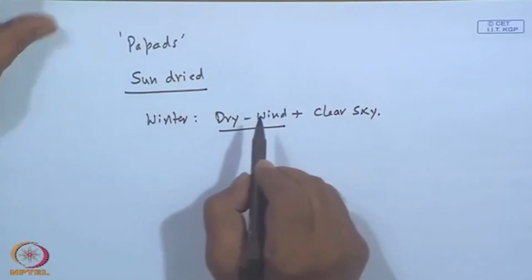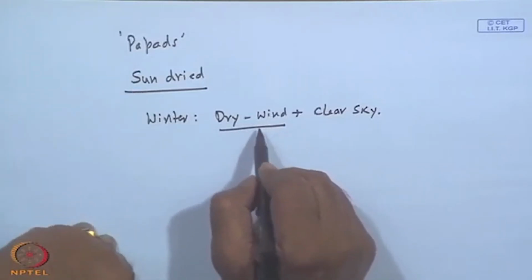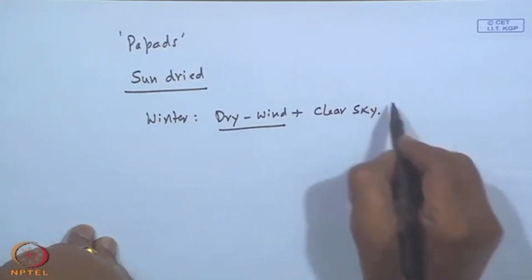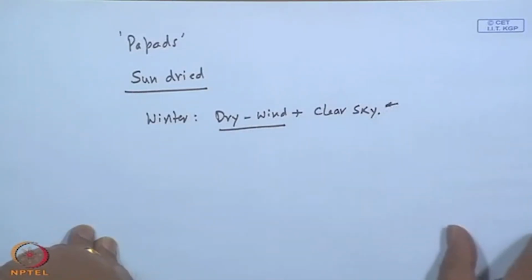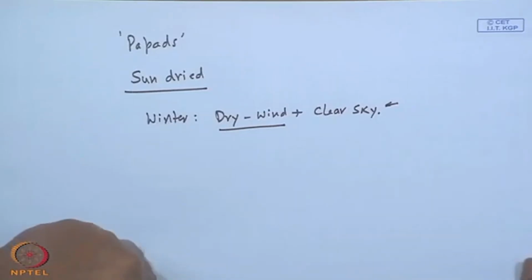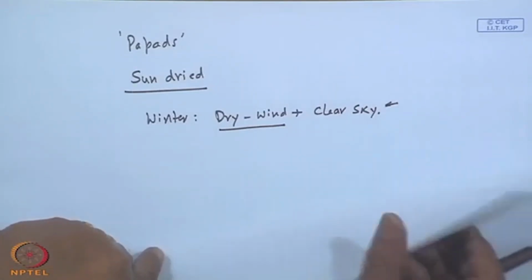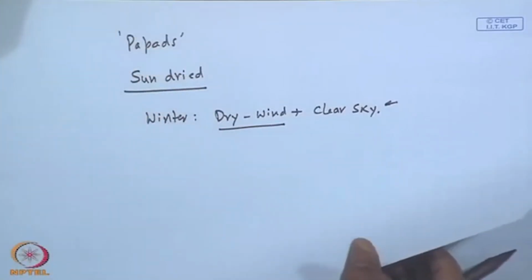Almost the standard deviation is absent. So, you can have pretty clear skies and dry wind. When there is mass transfer control, drying will be much better when it is dry in addition to having a clear sky. And of course, drying of clothes etc. is a passive application of solar energy.